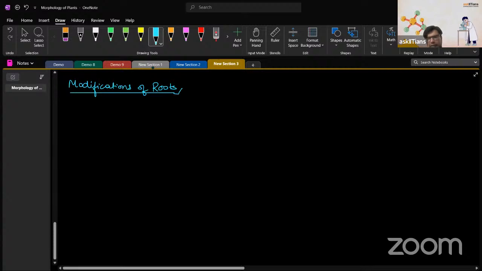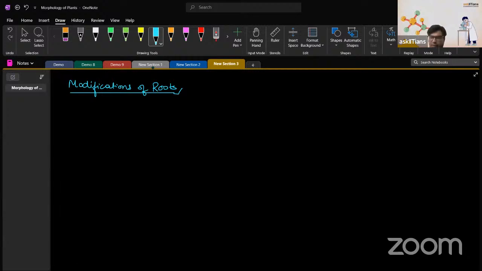In the morphology of the plant, roots can change their shape and structure and become modified, right? When I say modified, it means they perform functions other than the typical function of a root. What are the typical functions of a root? Basically anchoring the plant and absorbing water and minerals from the soil, right?